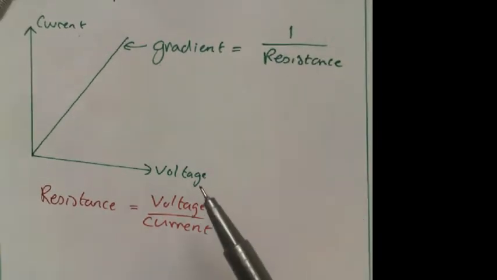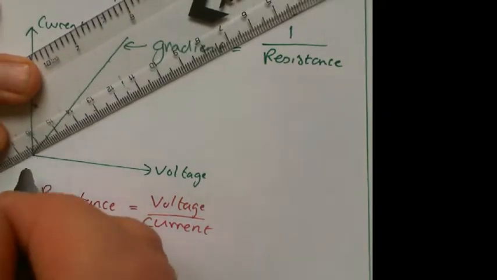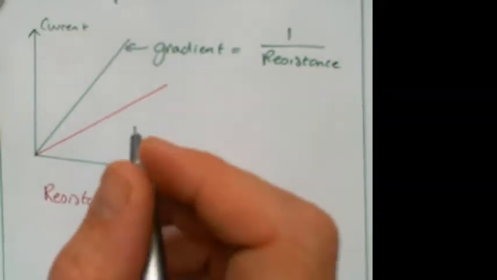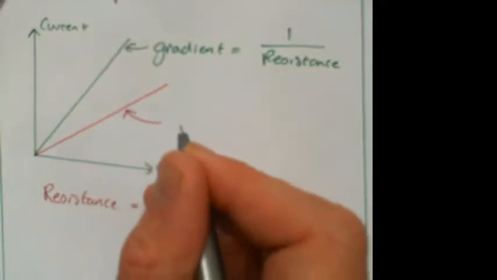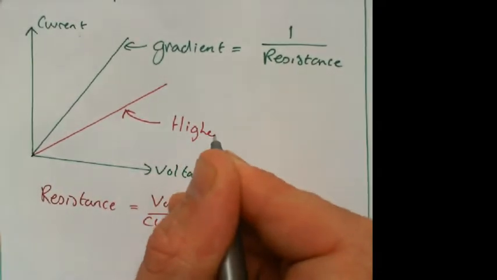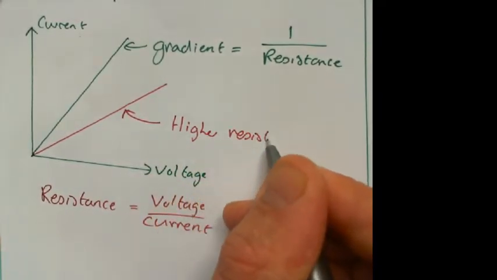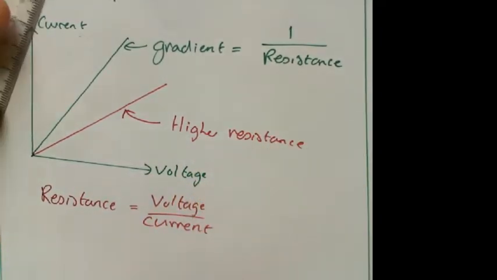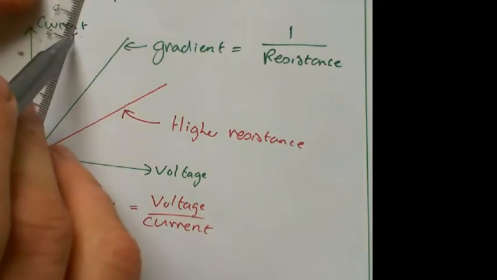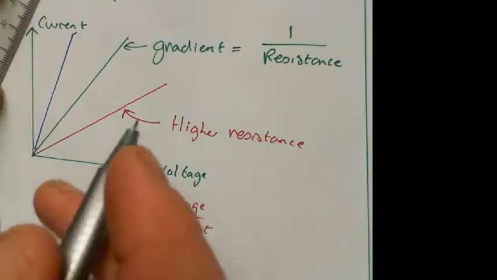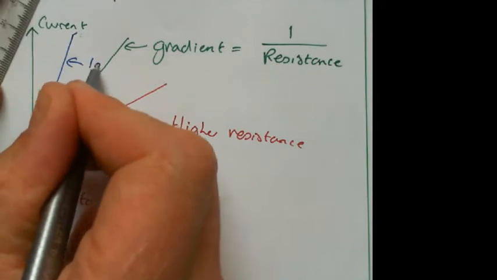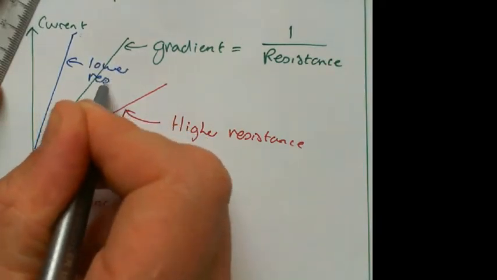So if I've got a gradient that is slightly lower, this one is a higher resistance. And if I've got a gradient that is steeper, that is a lower resistance.